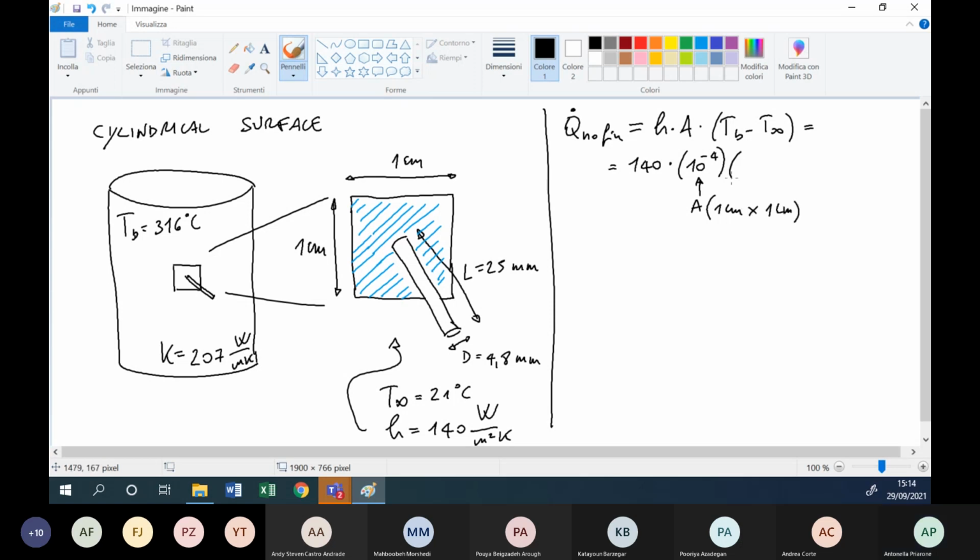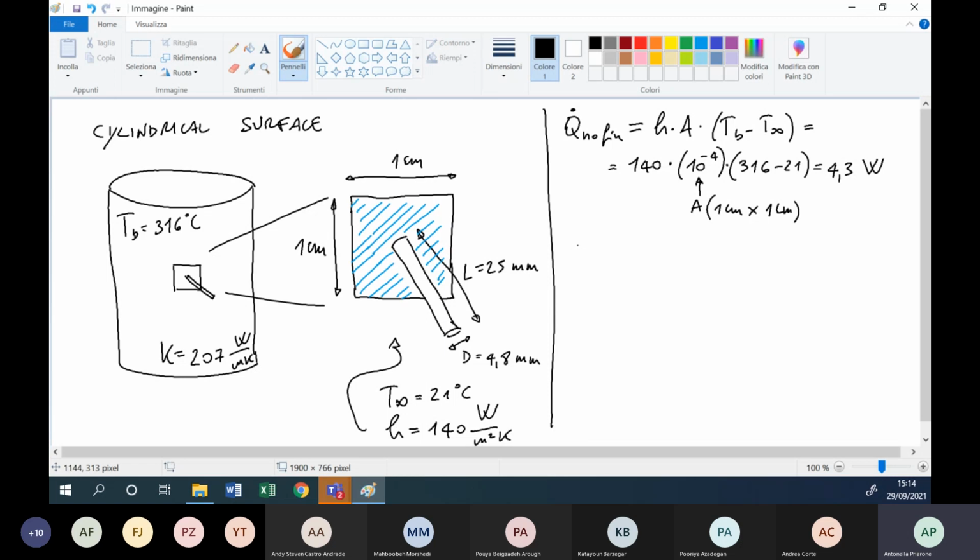Okay? That multiply 316 minus 21. And I obtain 4.3 watt. For 1 square centimeter. I don't repeat this point, but it is the calculation for 1 centimeter. Then the transfer rate dissipated by one fin.